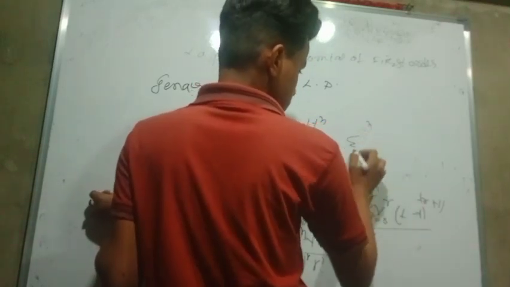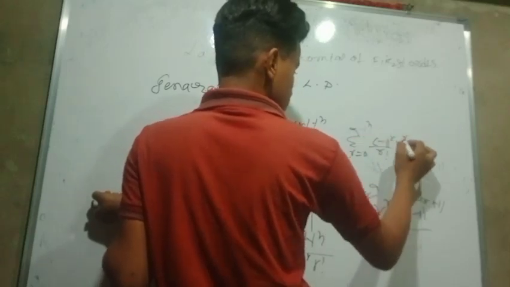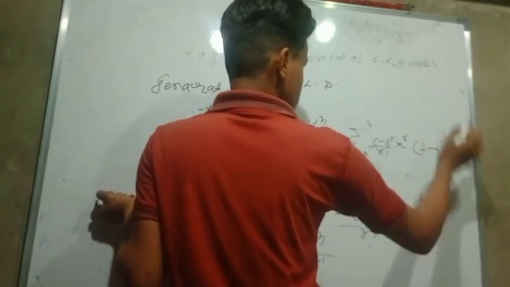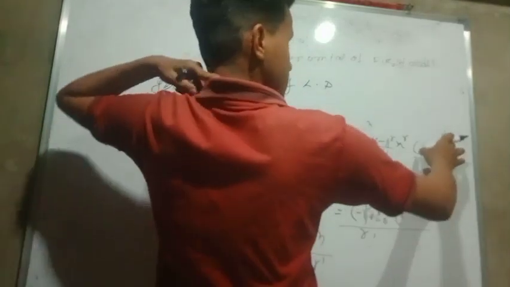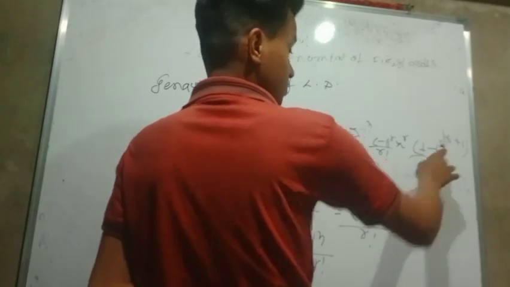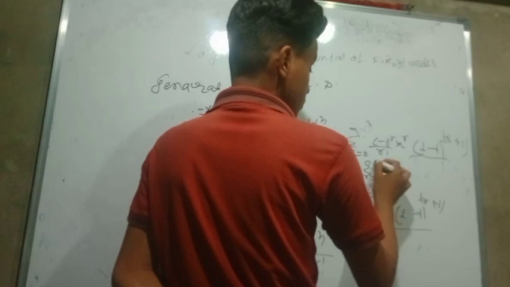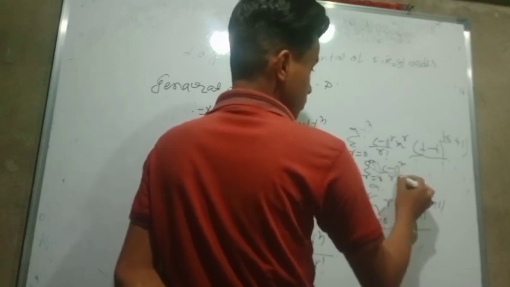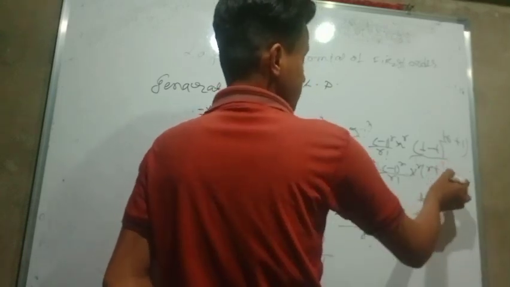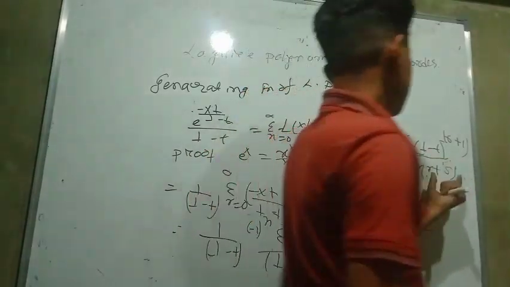That will give us summation r tends to 0 to infinity of minus 1 to the power r upon r factorial, into x^r, (1 minus t) to the power minus (r plus 1). Here if you use the binomial theorem, since the signs are minus and plus, this reduces as the summation with x to the power r, t to the power s, which after reducing will give us the general form.